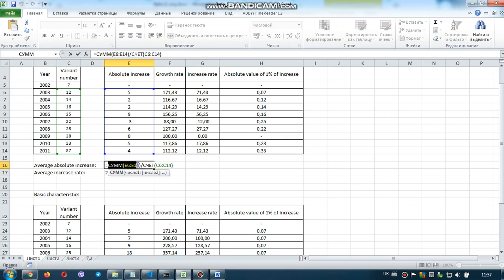The summary value of absolute increase without this value divided by n minus 1. This is n. This is n minus 1. The function счет. You have already known this function.